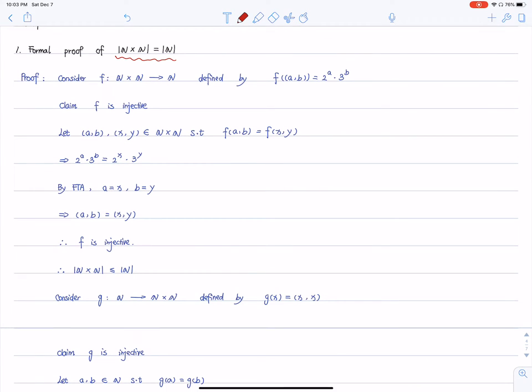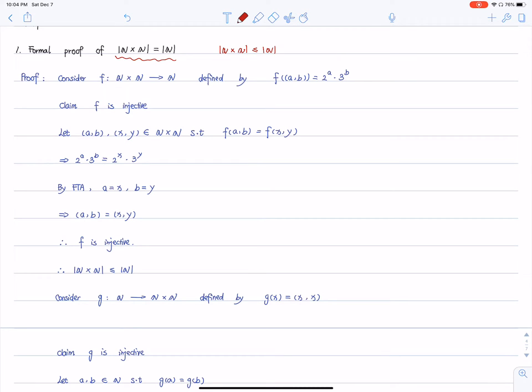First of all, I want to show that the cardinality of N times N is smaller than or equal to the cardinality of the natural numbers. So I need an injective function.